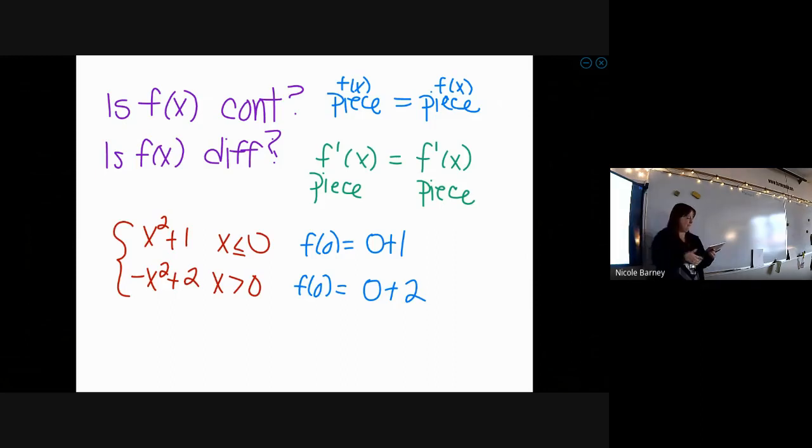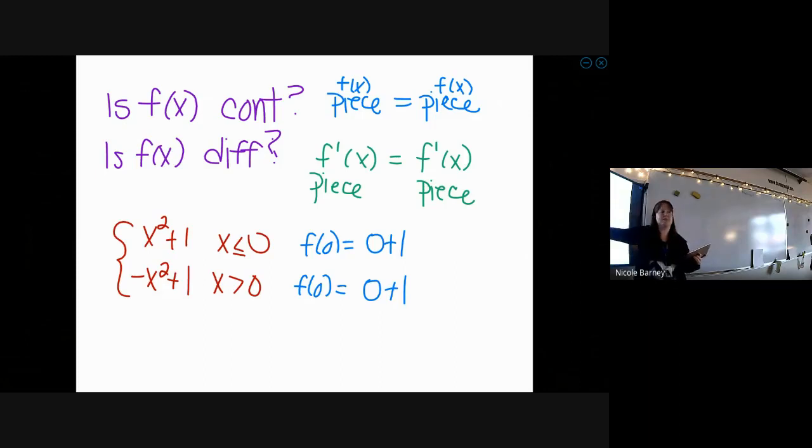Okay, so let's look at one that is continuous. Number 24. Is it continuous?